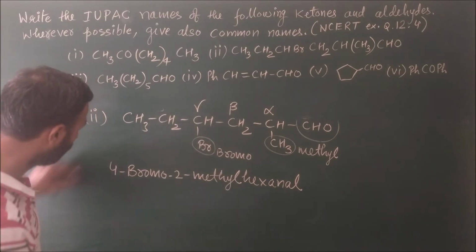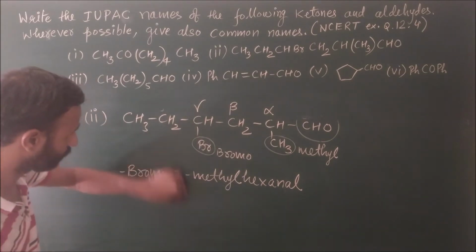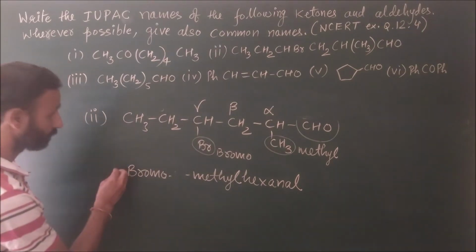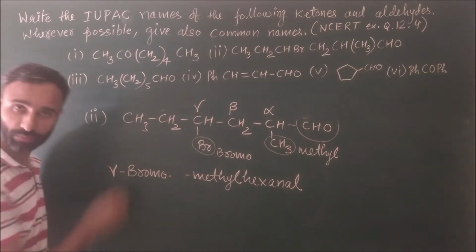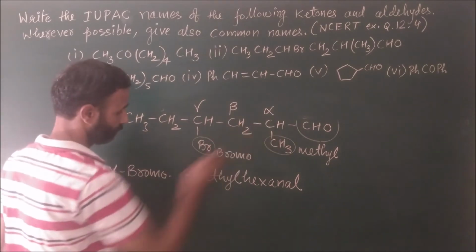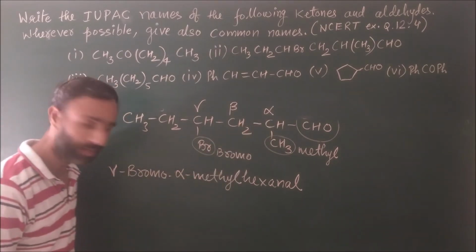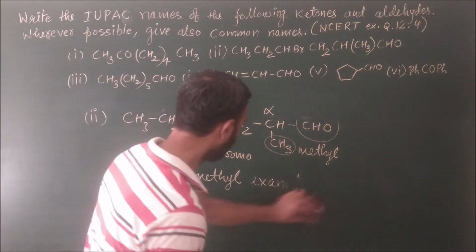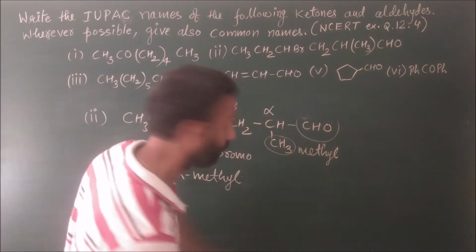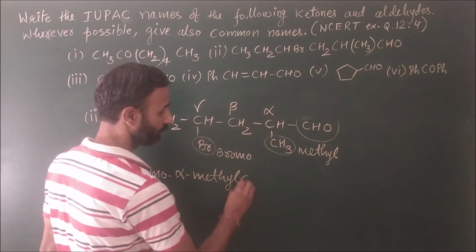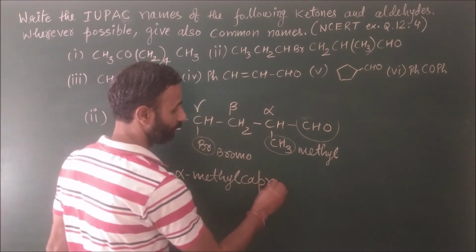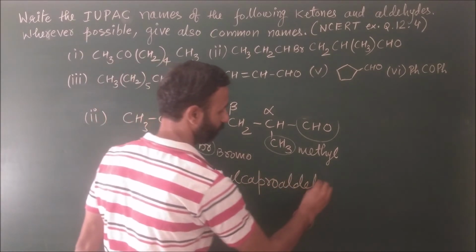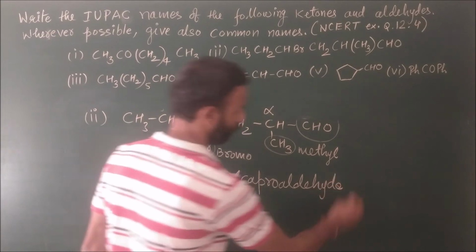So now it becomes gamma bromo alpha methyl, and instead of hexane we write caproaldehyde.